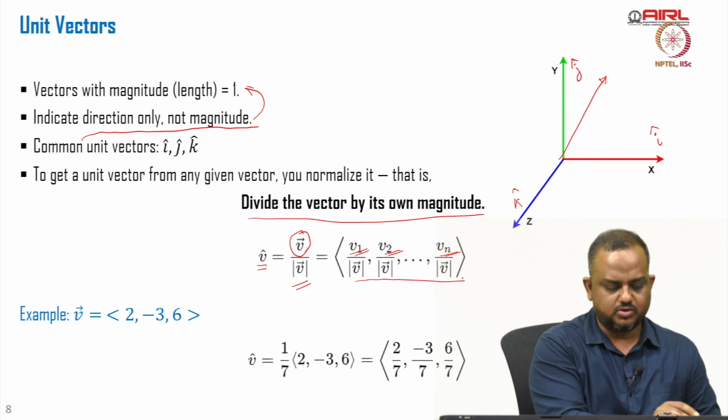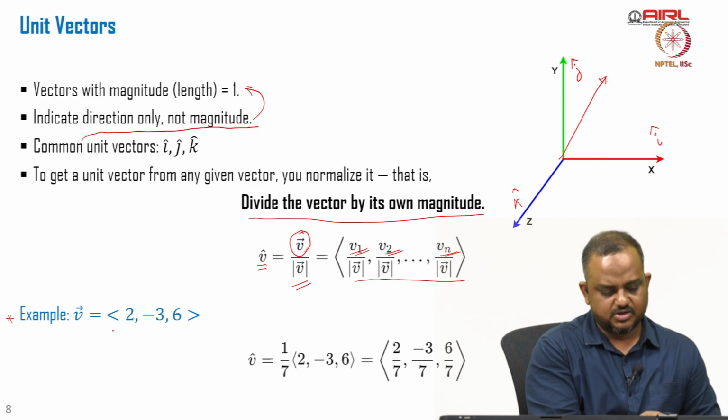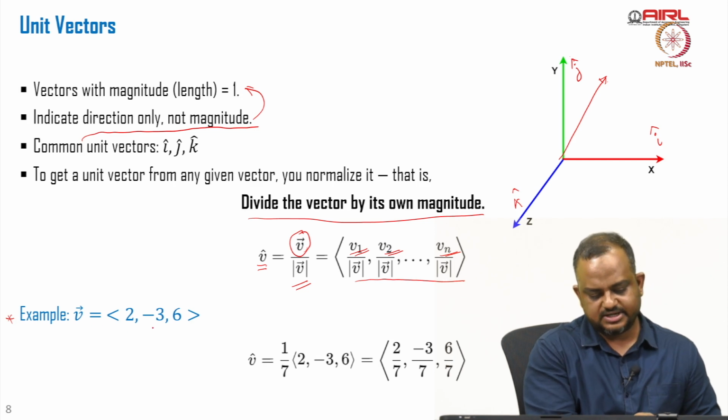Okay, so we can see one example here where the vector is 2, -3 and 6. That means it is in a 3-dimensional space. The x coordinate is 2, the y coordinate is -3 and the z coordinate is 6.